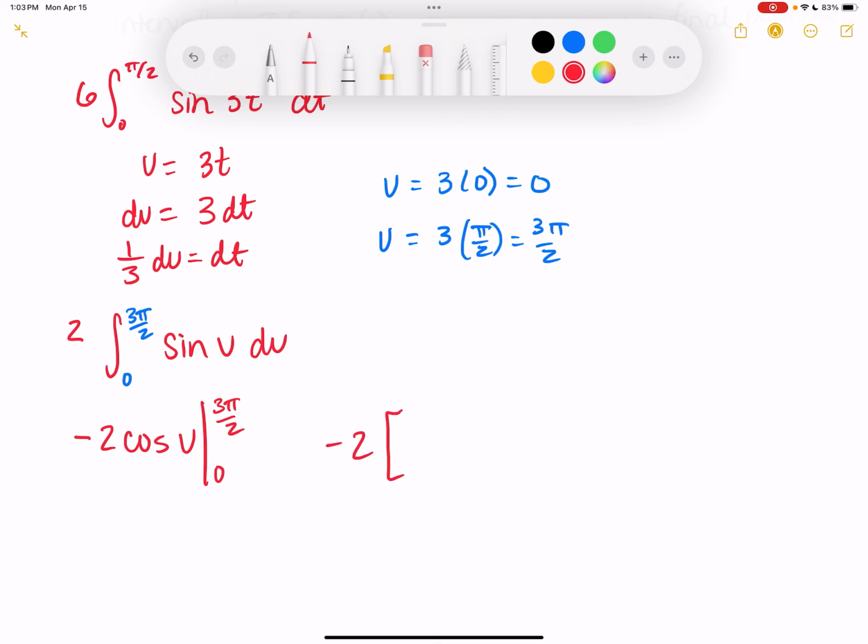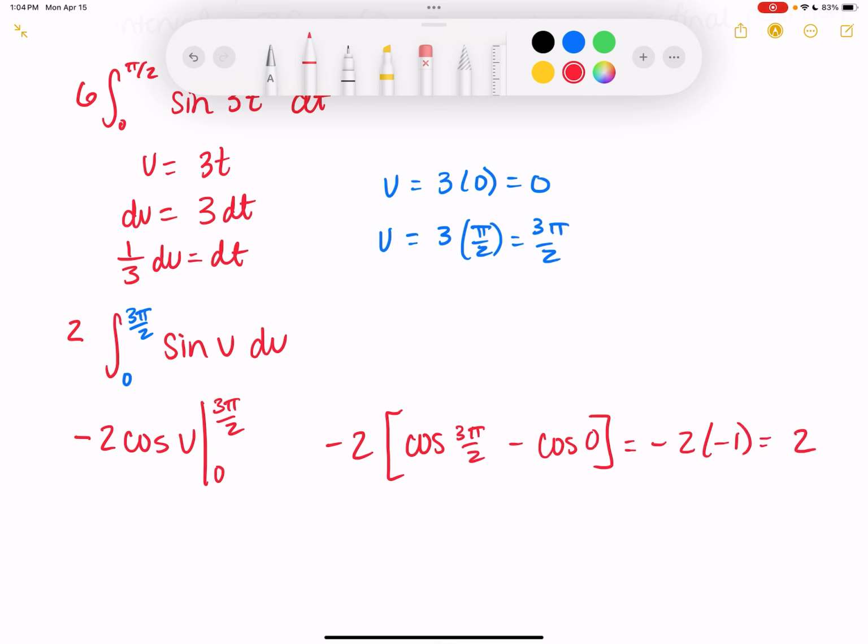Then I've got the cosine of 3 pi over 2 minus the cosine of 0. And so what is that? So that gives me negative 2 times negative 1, which is positive 2.